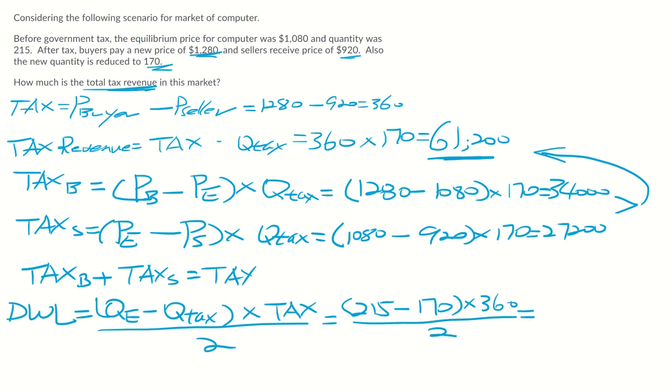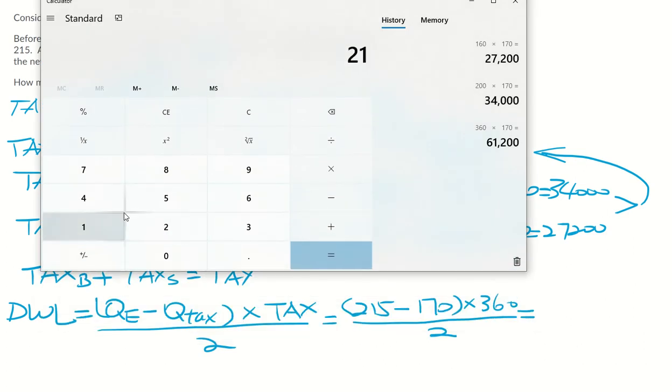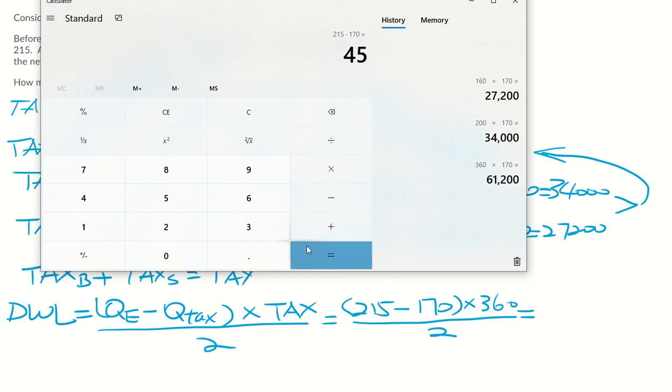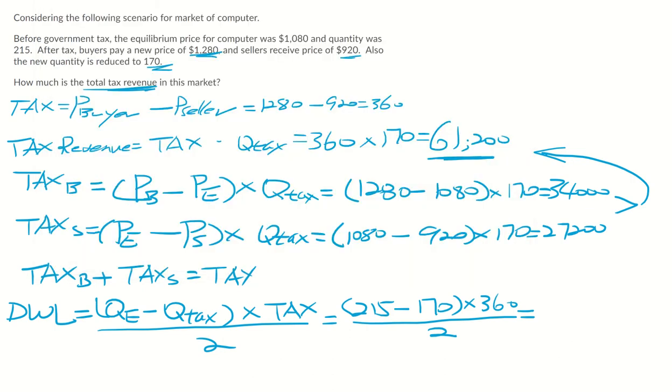Let's see how much this is. So we're doing 215 minus 170 times 360 and divided by 2. So our deadweight loss will be 8,100.